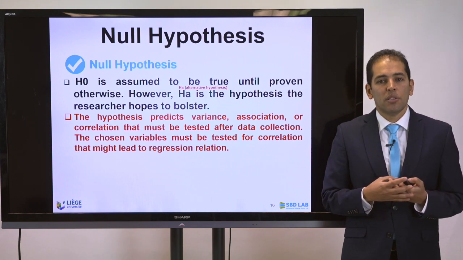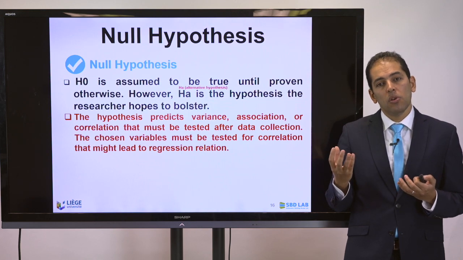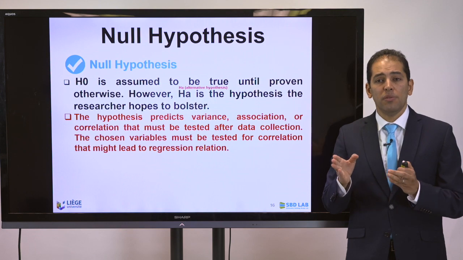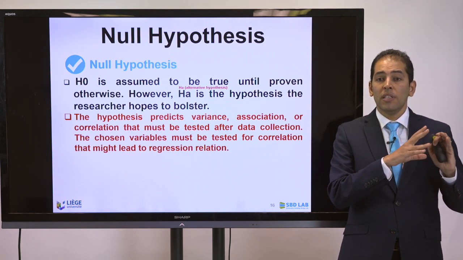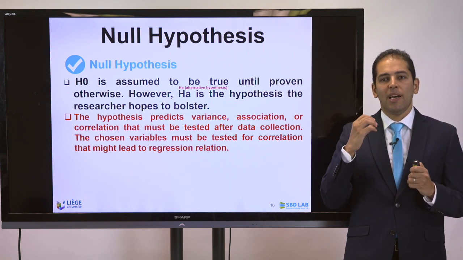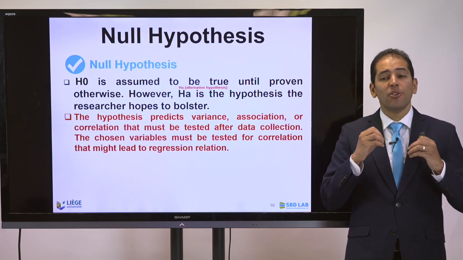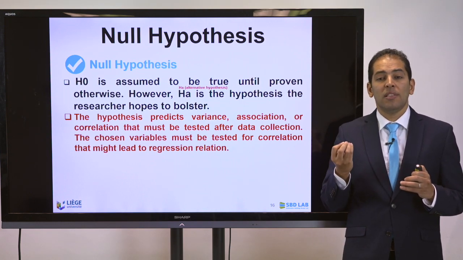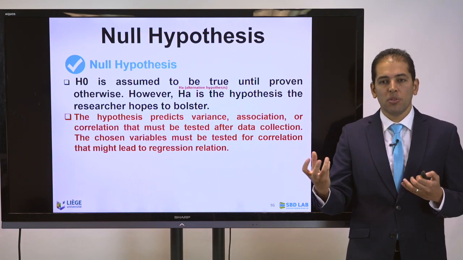In other words, H0, the null hypothesis, is assumed to be true until proven otherwise. If I have no difference between my sample mean and the hypothetical real population mean, then I cannot claim that my hypothesis is positive. However, if my alternative hypothesis HA, the one I am seeking, comes out positive, this means that my proposal is working.